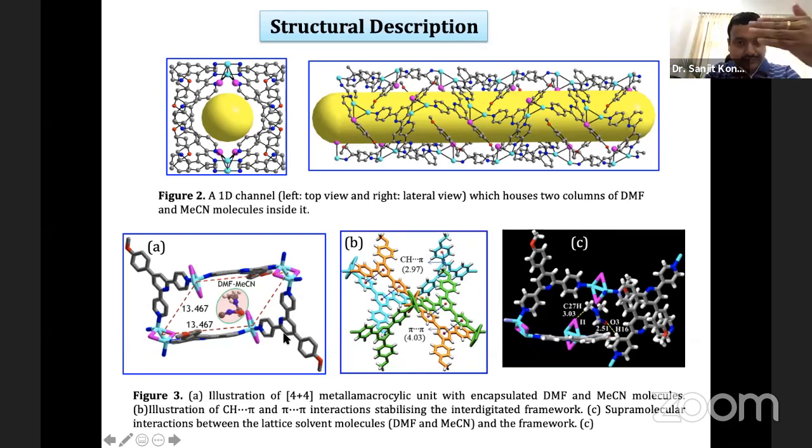When I cut it on one side, I can see we have one DMF and one acetonitrile, and the size of the pore is roughly, I think, 8 by 9 angstrom. As I mentioned, the two-dimensional sheets stick together by pi interactions, CH-pi interactions, etc., to form a three-dimensional structure.